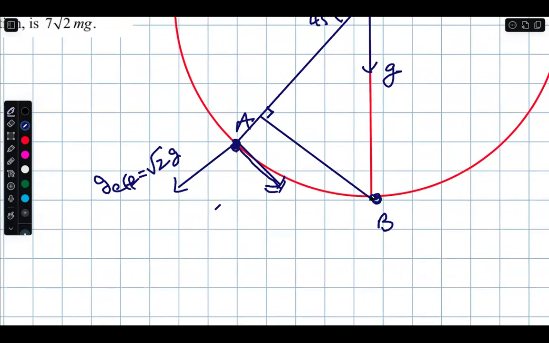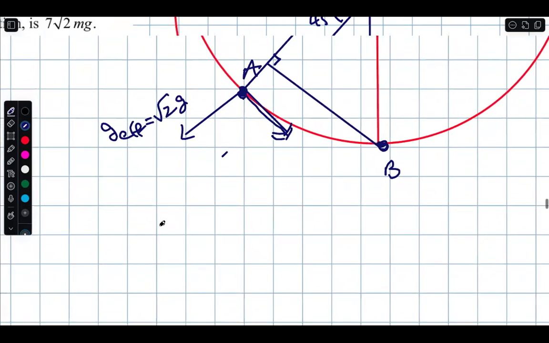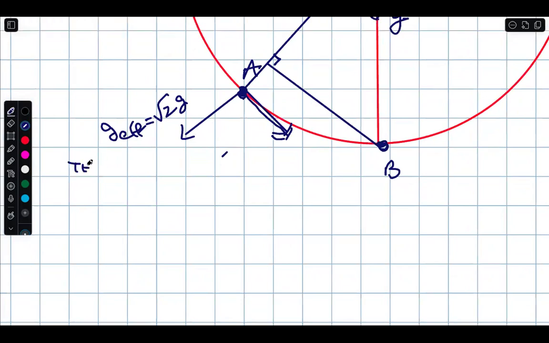If it goes from A to B, will the potential energy increase or decrease? Decreases actually, because the G effective term is like this. So now you need to conserve total energy: total energy at A is the same as total energy at B.